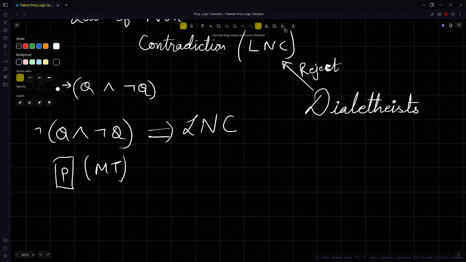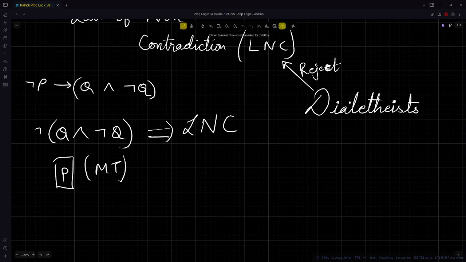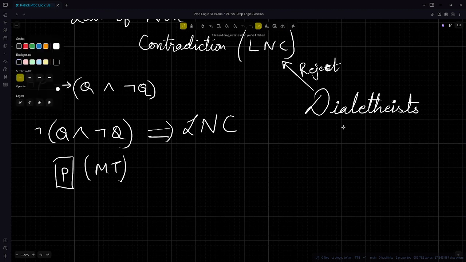because I am not really sure what it means for a contradiction to be true, you know. It's a conceptual thing. I just don't know what it means for a contradiction to be true, and I don't find dialetheism to be a coherent or intelligible position.